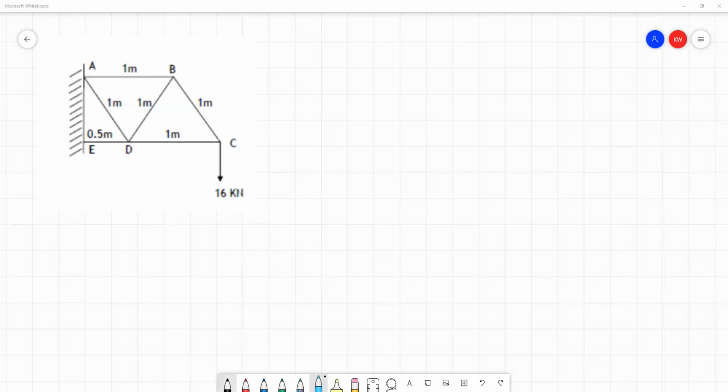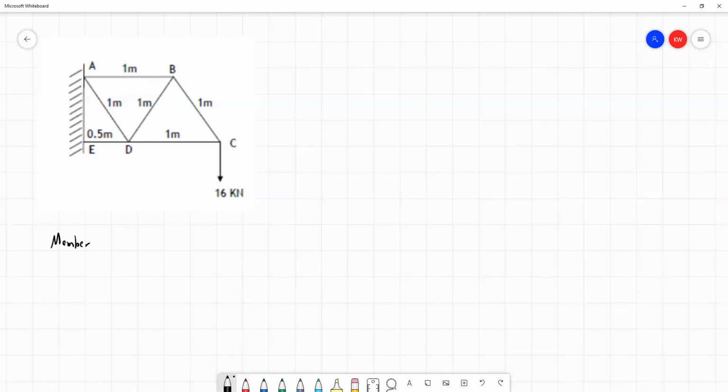We'll start off the question by making a table that has the list of all forces and the information we're going to be recording about them. So if we have a look here, we have all the possible members in the table.